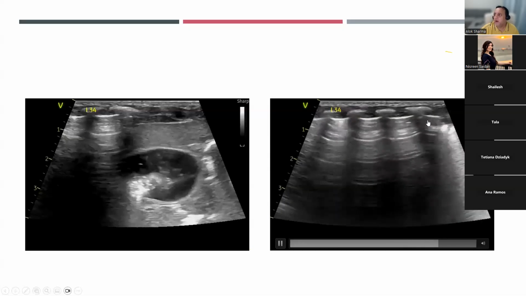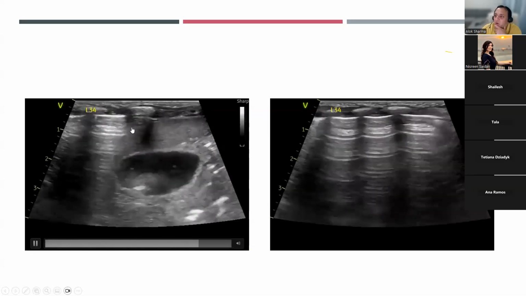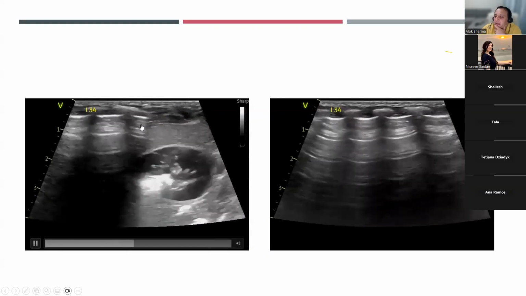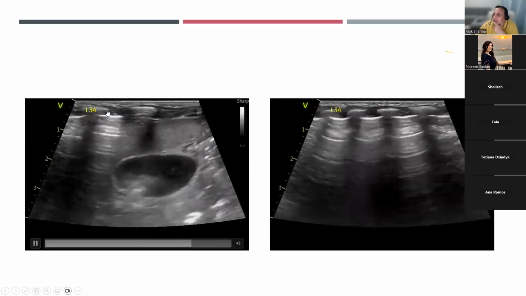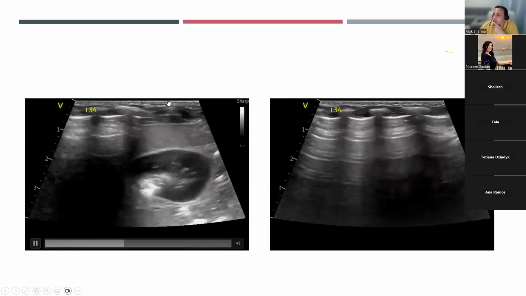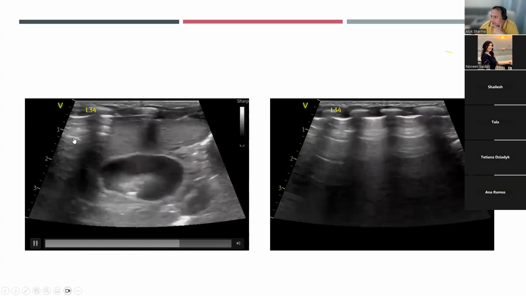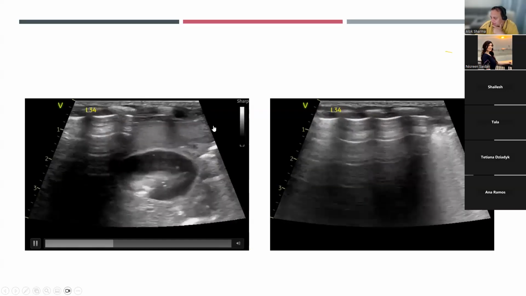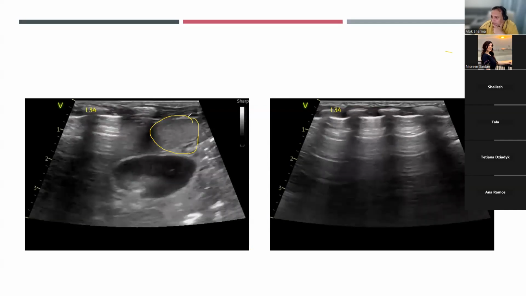Now, why is it important to identify the batwing sign? Because if you don't identify the batwing sign, then really from our perspective, just remember, this is lung, this is the batwing sign. There's no batwing sign over here. But really from my perspective, if there is consolidation of this area, consolidation will look exactly like this. It will look tissue-like.